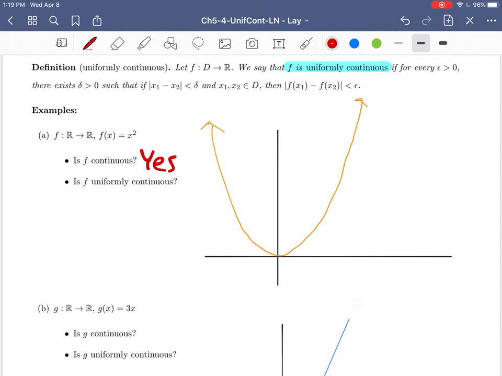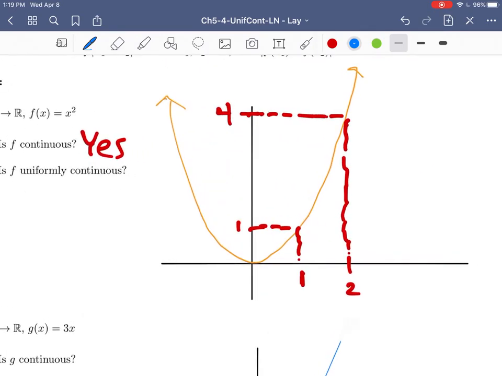Let's say we have this value 1 here, which is associated with a value of 1 there. Somewhere here we have a value of like 4, and that value of 4 is associated with 2. If we were to choose an epsilon right here, we go epsilon units away, so this is 1 plus epsilon and 1 minus epsilon.